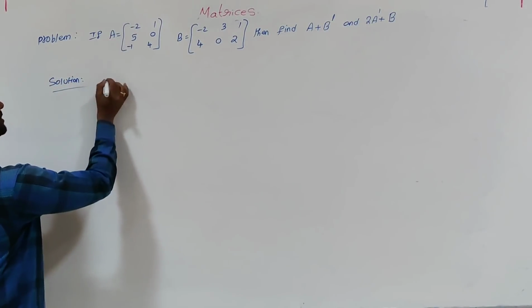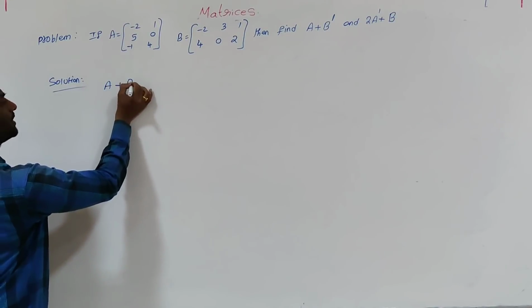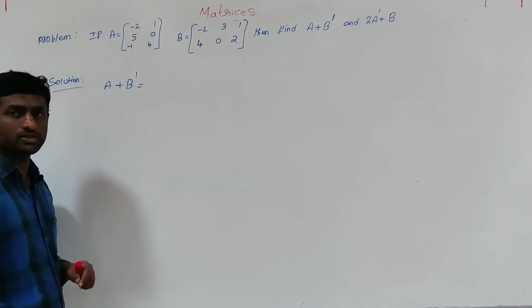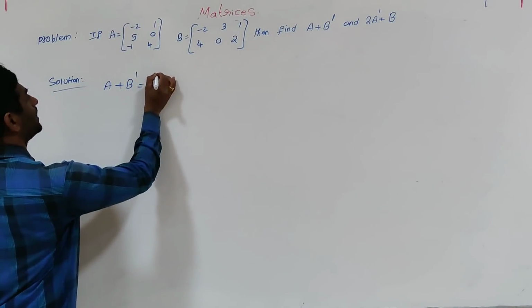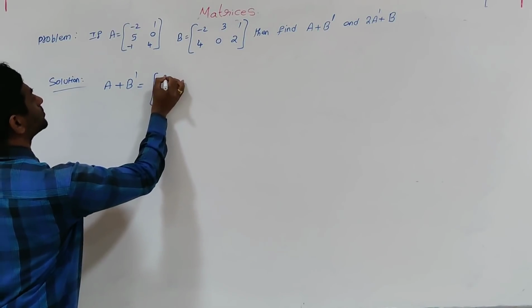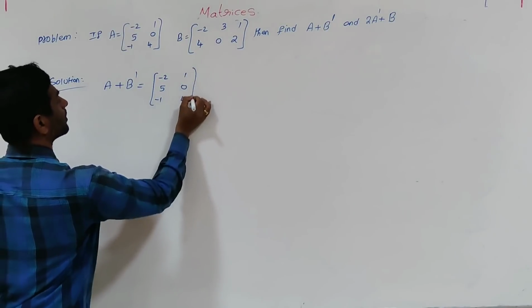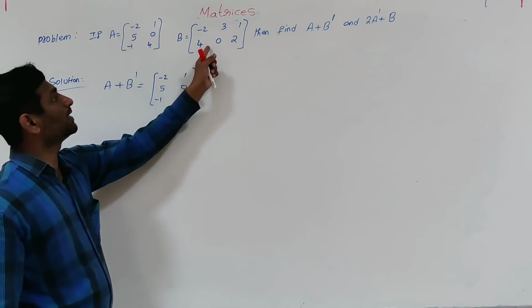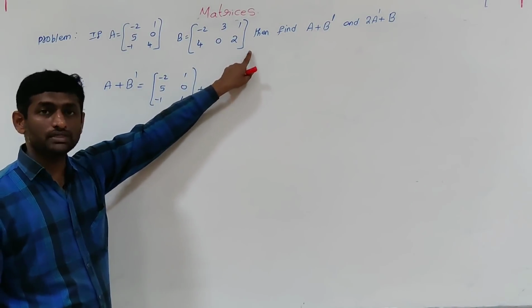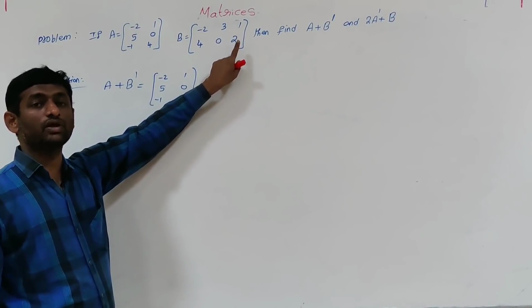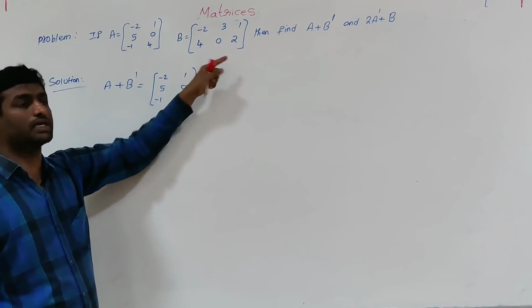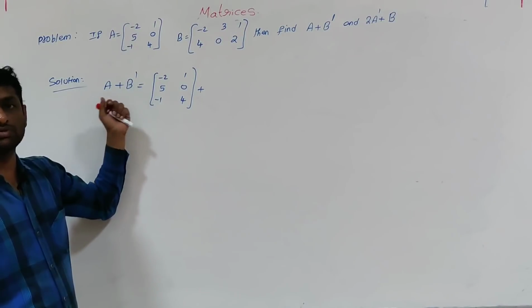So he is asking A plus B dash. Let me write the matrices of A and B dash. A is of size minus 2, 1, 5, 0, minus 1, 4 plus B is a matrix of 2 by 3. B is a matrix of 2 by 3, but when we interchange the rows and columns, that gives the transpose of the matrix.